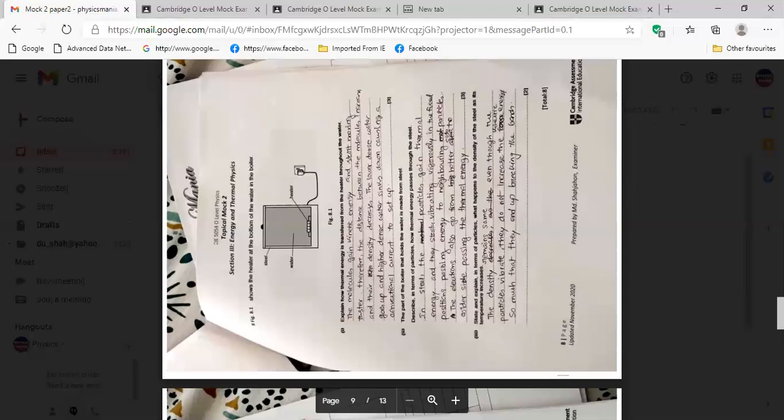Your convection will be only in liquid or only in gas, but from liquid to solid or solid to liquid, that one is conduction. Is it clear?